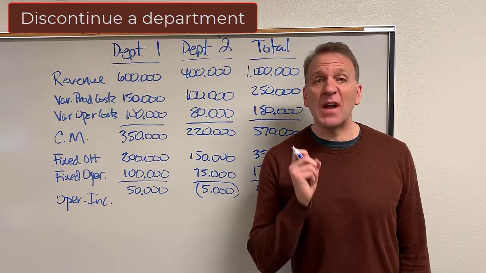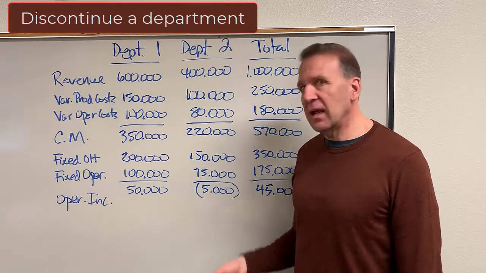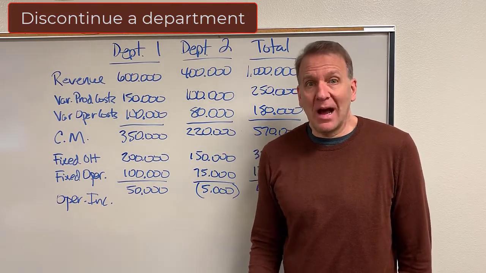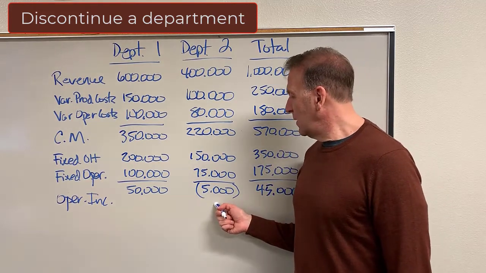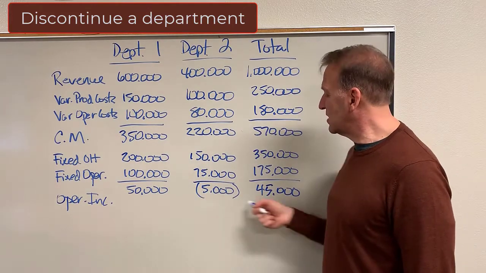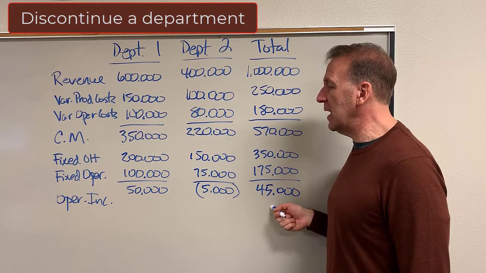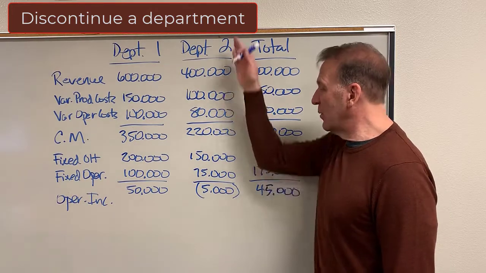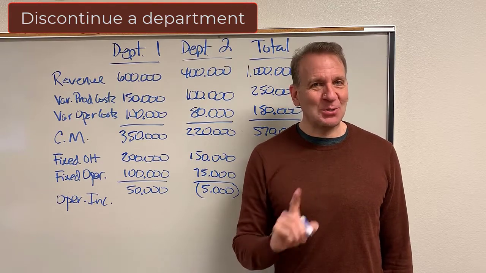A lot of times students right off the bat say, ooh, we've got to get rid of Department 2 because it's generating an operating loss. And they think, well, if we get rid of this, then we'll have just $50,000 in profit, because when you look at the two departments together, the total is showing a $45,000 operating income. But that's not true, right?